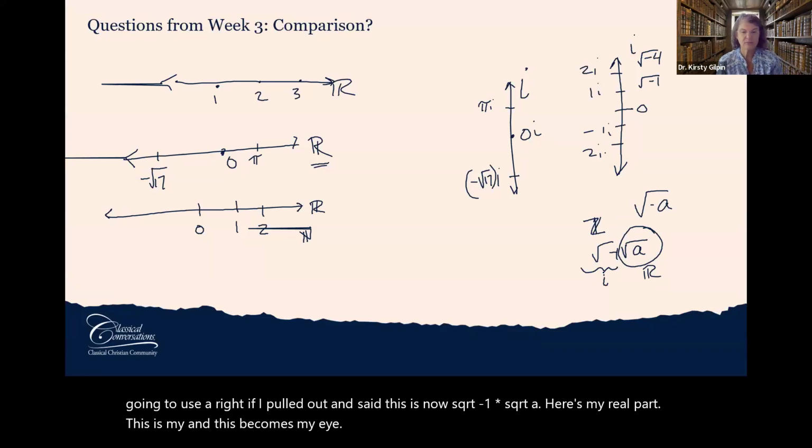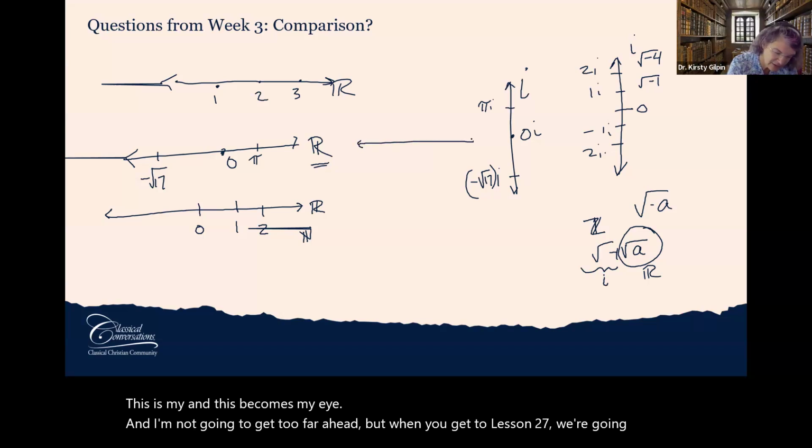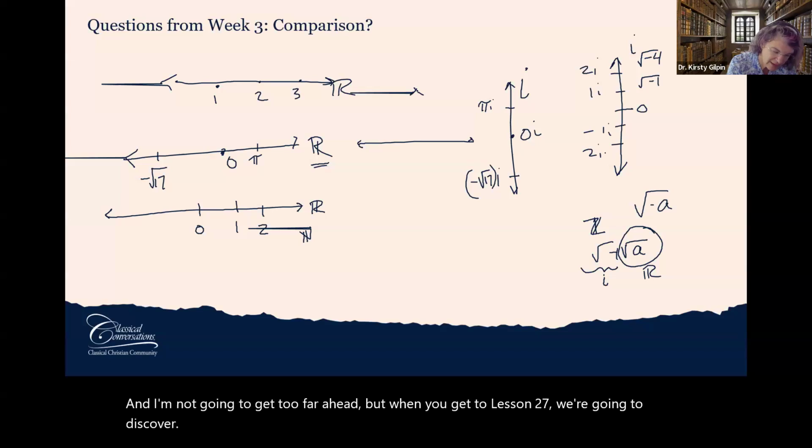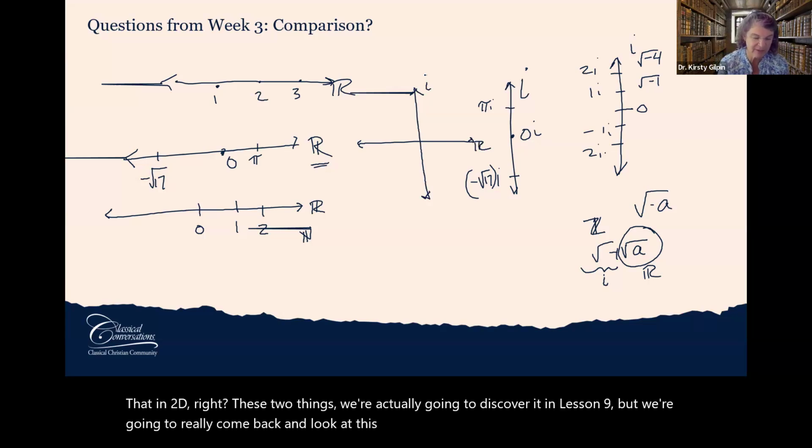I'm not going to get too far ahead, but when you get to lesson 27, we're going to discover that in 2D, we're actually going to discover it in lesson 9, but we're going to really come back and look at this in lesson 27.